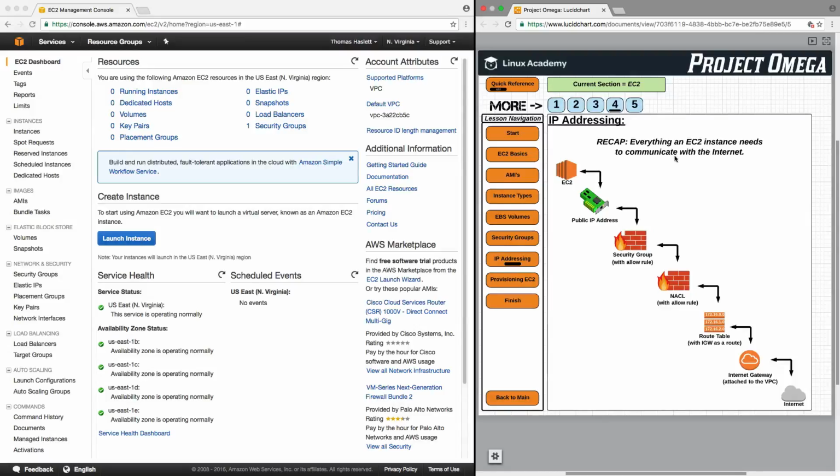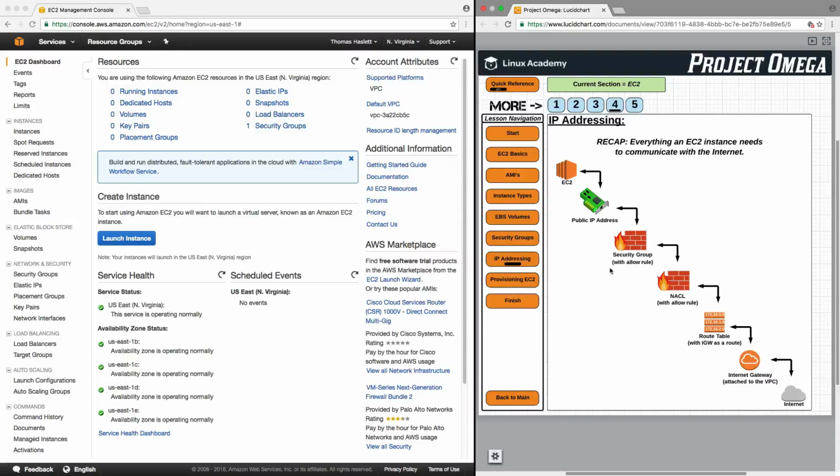So to recap, let's take a look at everything an EC2 instance needs to communicate with the internet. Here we have our EC2 instance, and down here we have the internet. This is everything that it goes through in order to communicate with the internet or have data flow in and out. You have the EC2 instance, and you need a public IP address.